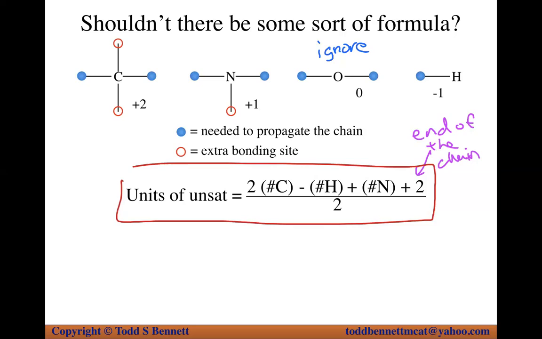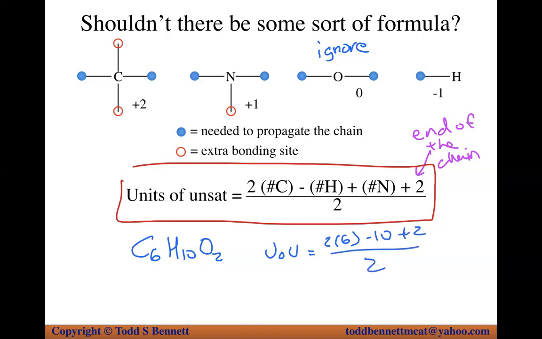So for instance, if we had a formula of C6H10O2, the calculation for the unsaturation, the U of U, is 2 times 6 minus 10 plus 2 for the end of the chain, divided by 2. 12 minus 10 is 2, plus 2 is 4, divided by 2, so 2 units of unsaturation.